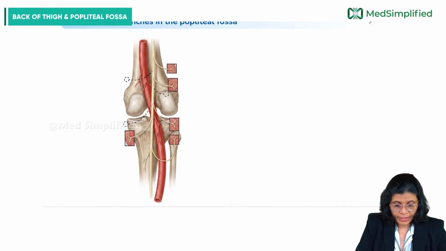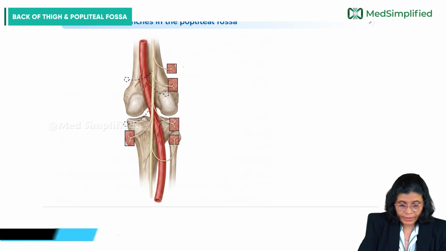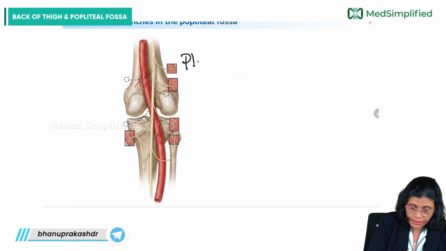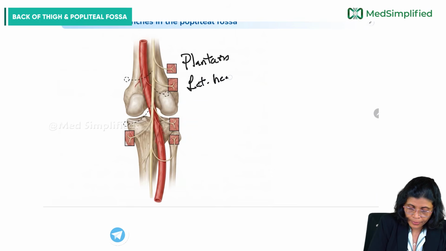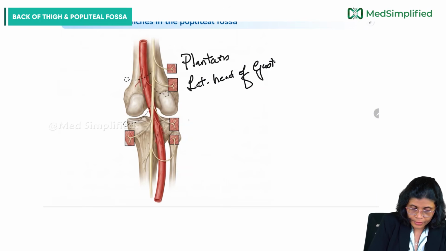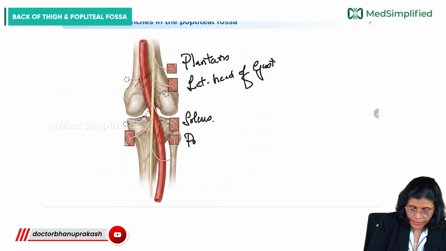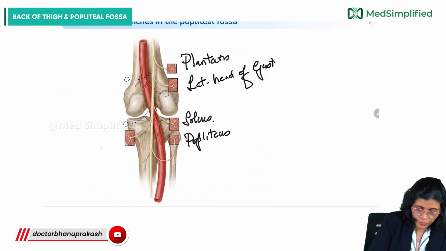So here you can see it is supplying all the muscles. This is the plantaris muscle, then the lateral head of gastrocnemius. This is the soleus as well as popliteus, then the medial head of gastrocnemius.